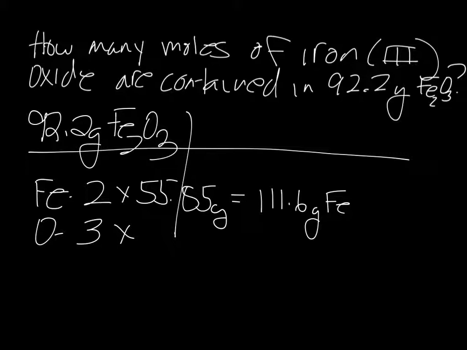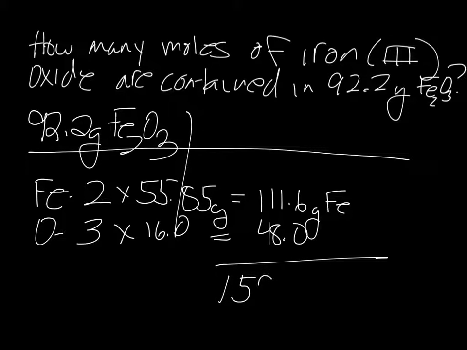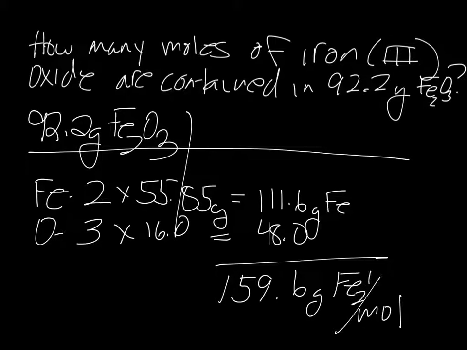Alright, now I have 3 oxygens. They each clock in at 16.0. And that would give me a total of 48.0. It's good to round to the tenths when we're taking our atomic weights. So that's 159.6 grams per mole of Fe2O3, excuse me.